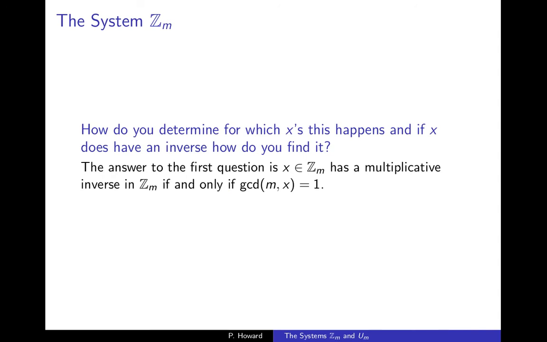I'm going to give you the answers to the two questions, and the proofs will come later. So the answer to the first question is, an element of Z sub m has a multiplicative inverse in Z sub m if and only if the greatest common divisor of m and x is 1.